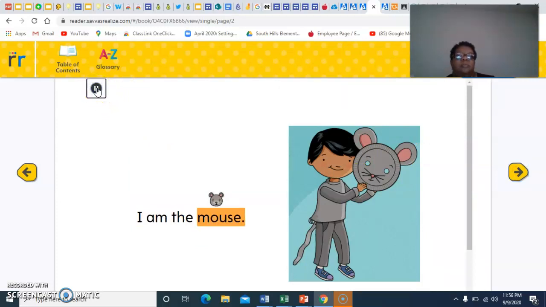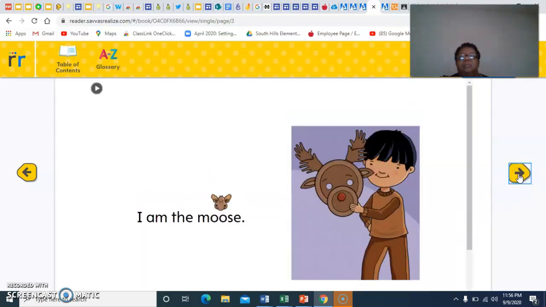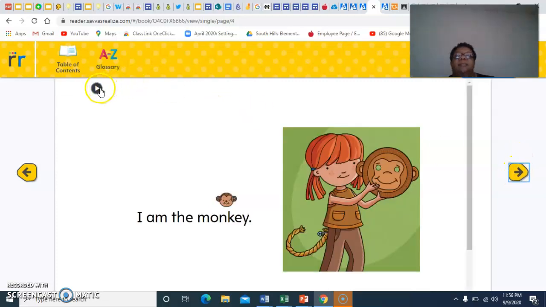I am the mouse. Okay, and you notice the word and the picture, and then also the boy dressed up like a mouse, maybe has a costume that he's going to wear. Okay, next page. I am the moose. And there's a picture. I am the monkey.